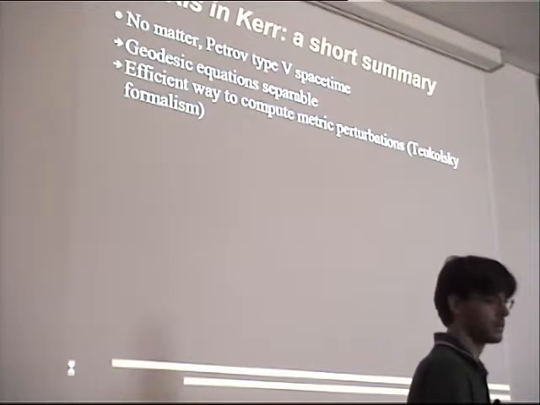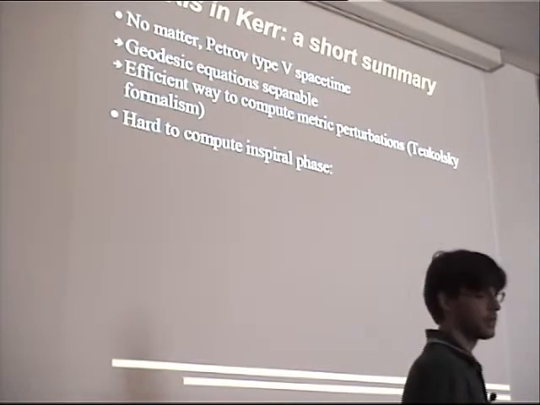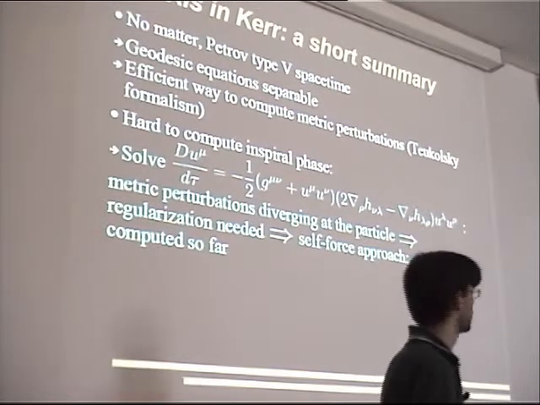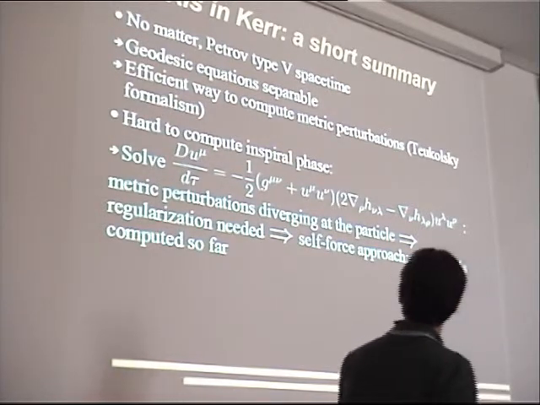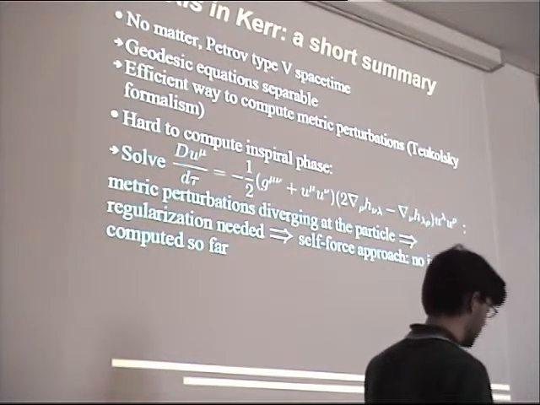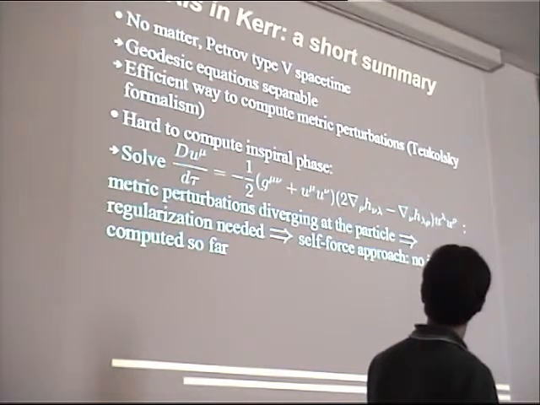On the other hand, the treatment of the inspiral phase is hard, as you have learned from Lior's talk. And you have basically two approaches. The self-force approach, in which you look at the deviation from geodesic motion as an interaction of the particle with its own gravitational field.